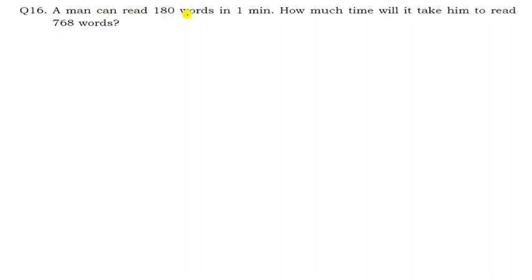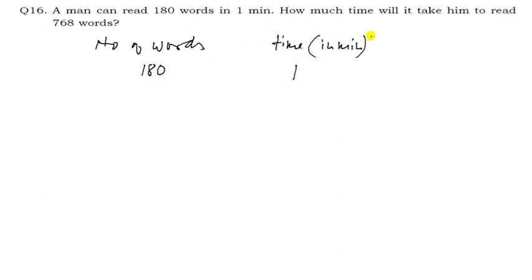Now come to the 16th. A man can read 180 words in 1 minute. So number of words, and here is time in minute. So number of words is 180 and time is 1 minute. Number of words is 768. So time taken, let it be x.